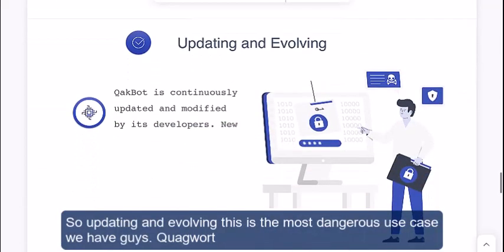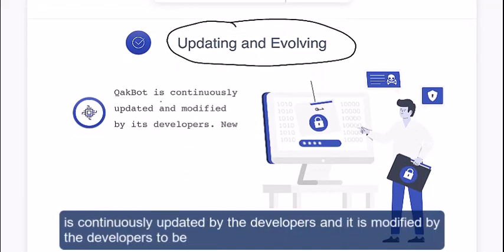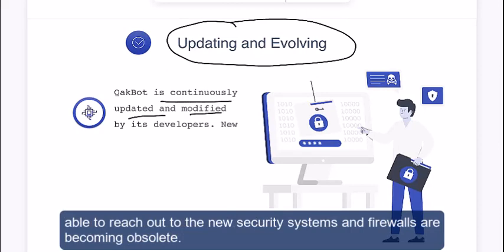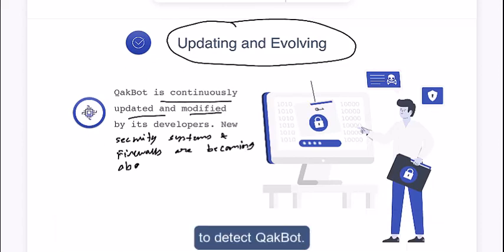So updating and evolving. This is the most dangerous use case we have, guys. QakBot is continuously updated by the developers and modified to be able to reach out to the new security systems and firewalls, making them obsolete to detect QakBot.